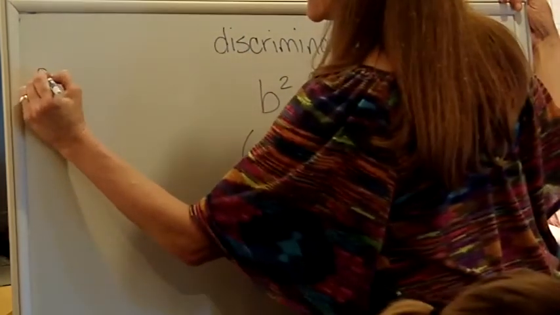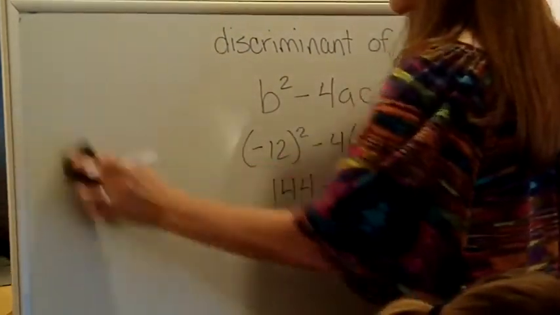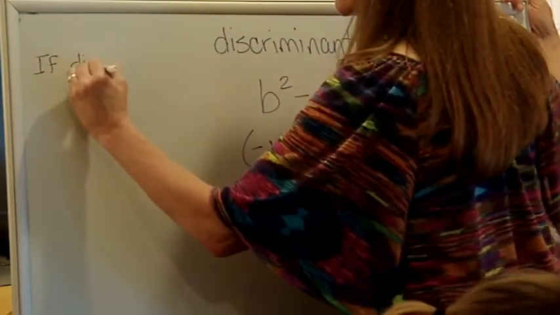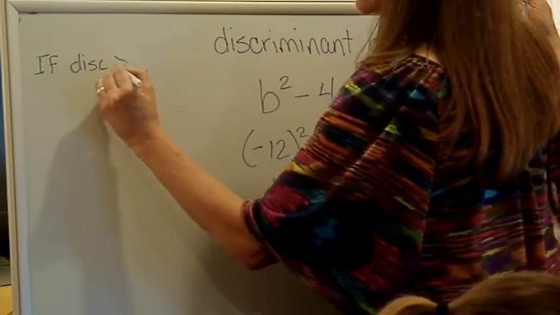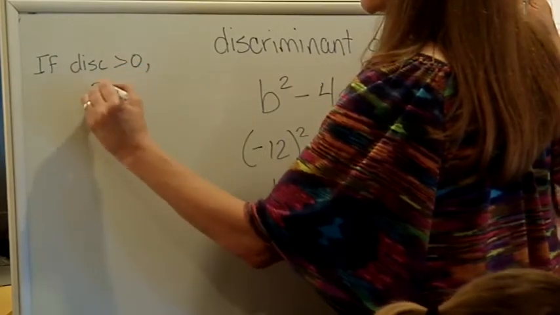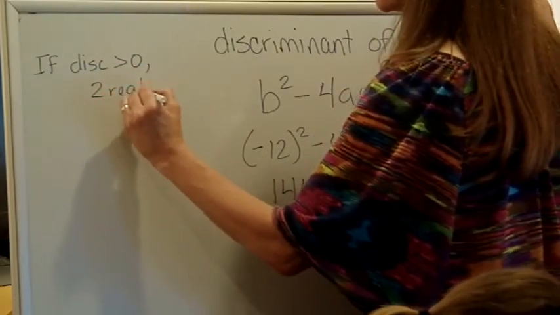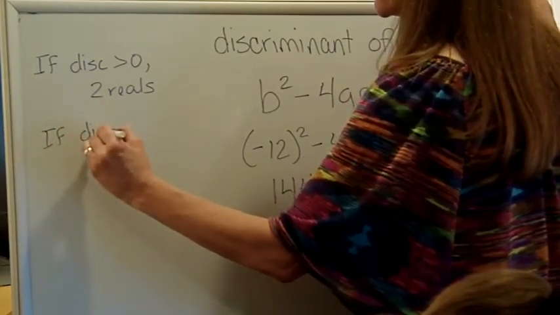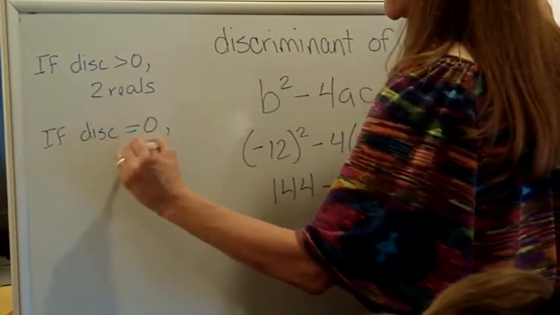So you might want to put, if you're not sure about this, if discriminant is greater than 0, you get 2 real solutions. If discriminant is equal to 0, you get 1 real.